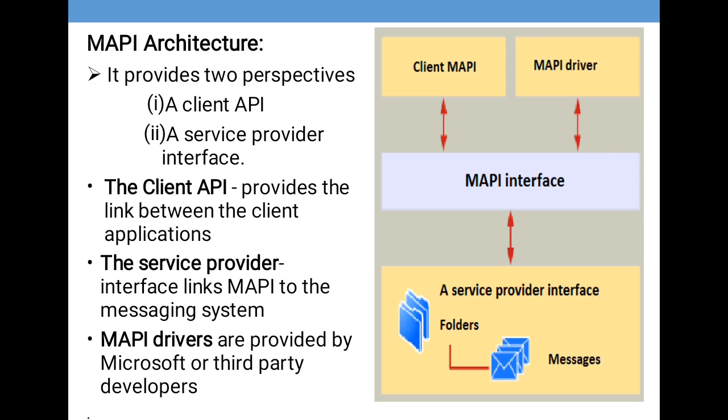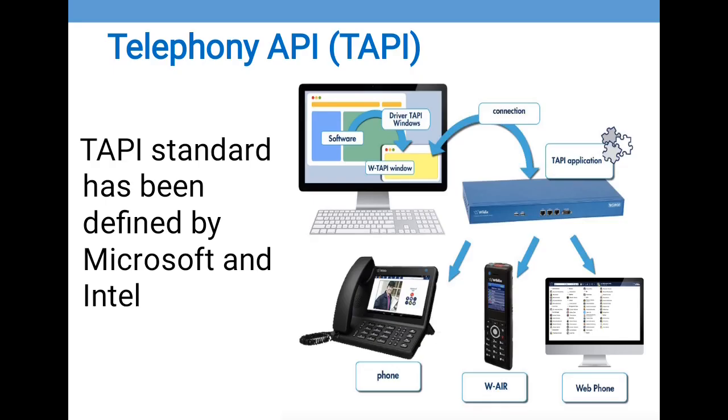The client API provides the link to the client application, and the service provider has an interface link from MAPI to the messaging system. It also provides the MAPI driver, which is provided by Microsoft or third-party developers.